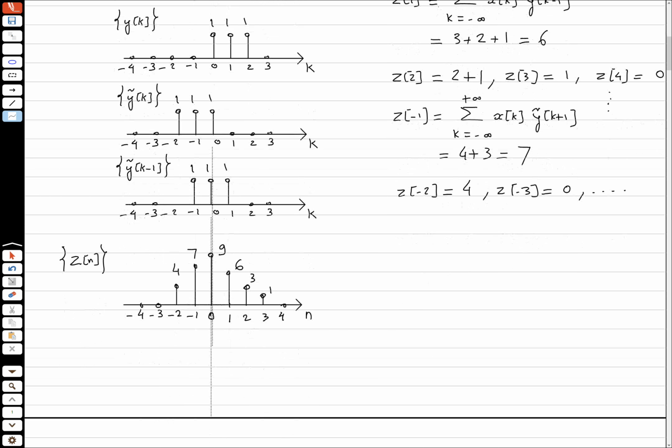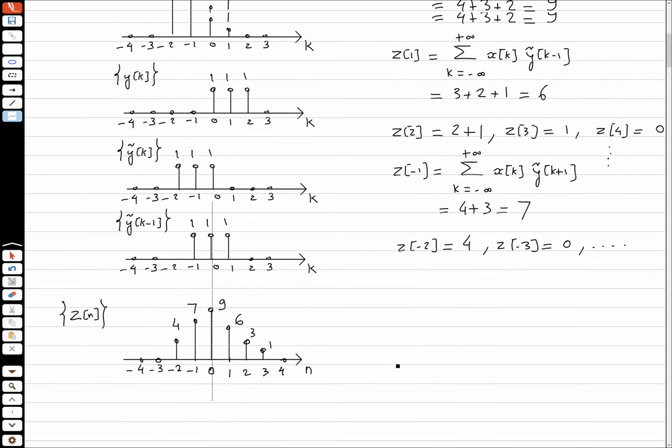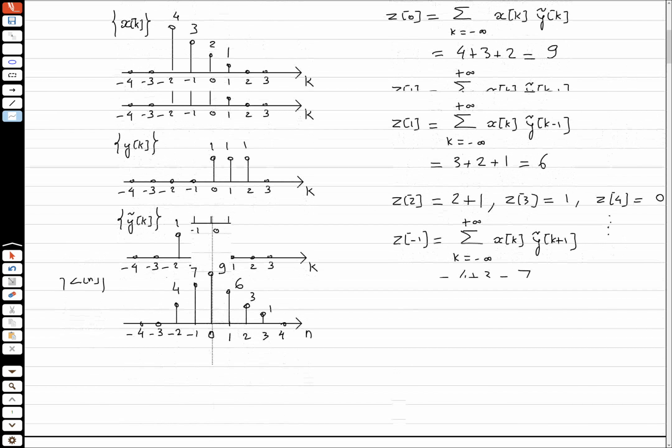All right, so this is the end of my section about convolution. So now we can proceed to the next section.